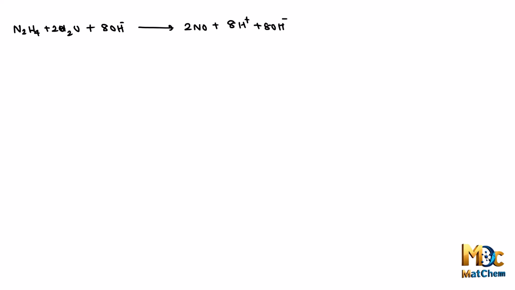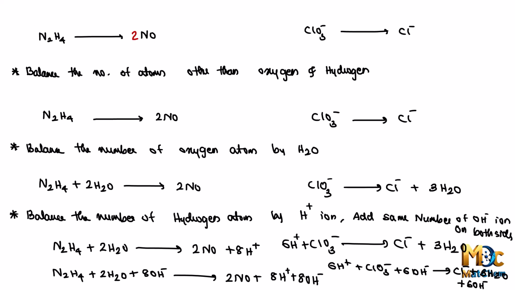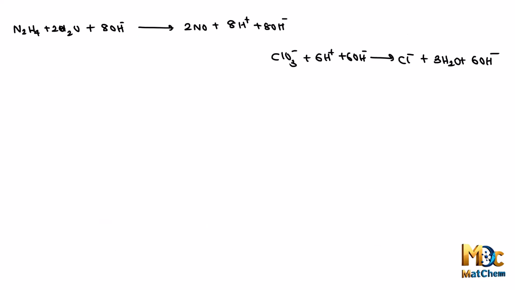The other reaction will be ClO3 minus plus 6H plus 6 OH minus giving Cl minus plus 3H2O plus 6 OH minus. I just copied this from the last slide because you would not be able to see it very properly. That is why I copied it again.